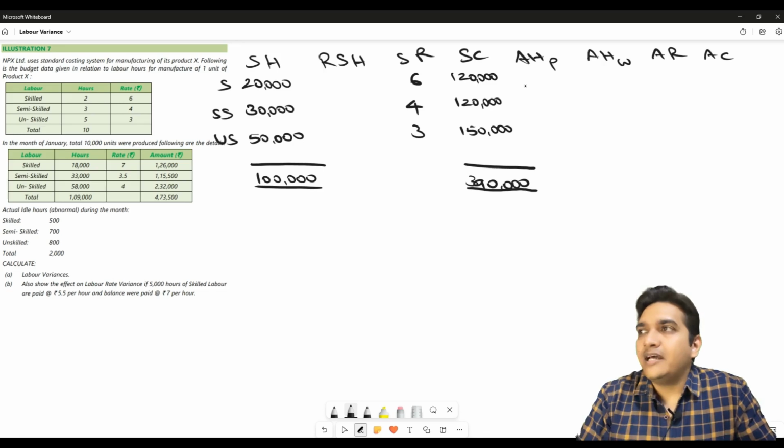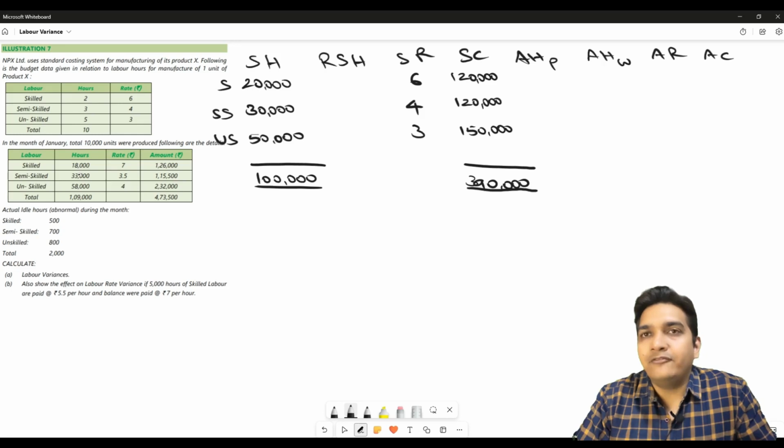So actual hours paid. Since the question is not specifying which is the actual hours paid and which is the actual hours worked, we have to look at the information provided. The second part of the question says, in the month of January, total 10,000 units were produced. Following are the details. Labor, 18,000 hours. When they say 18,000 hours, they do not say whether it is actual hours paid or actual hours worked.